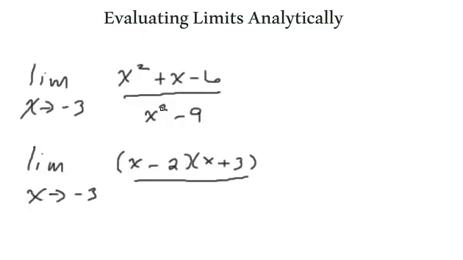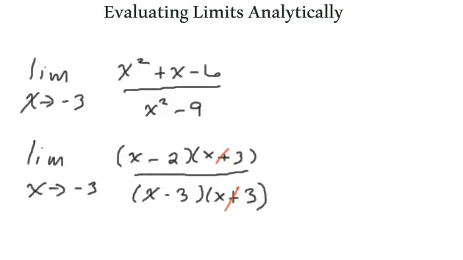Now we have the difference of two squares, so this becomes x minus 3 and x plus 3. So we have an x plus 3 in the numerator and x plus 3 in the denominator. We will be able to just cancel those out.